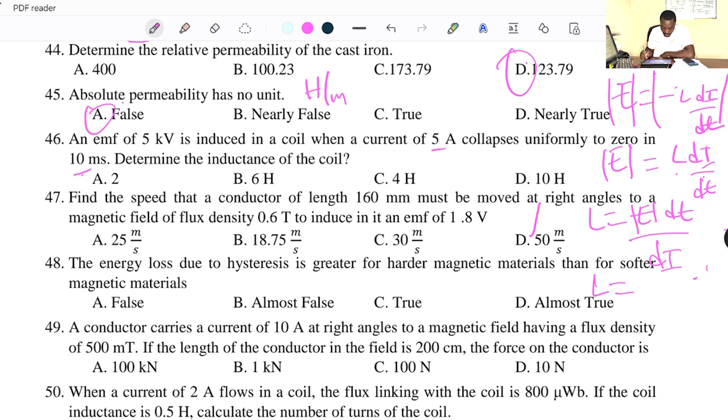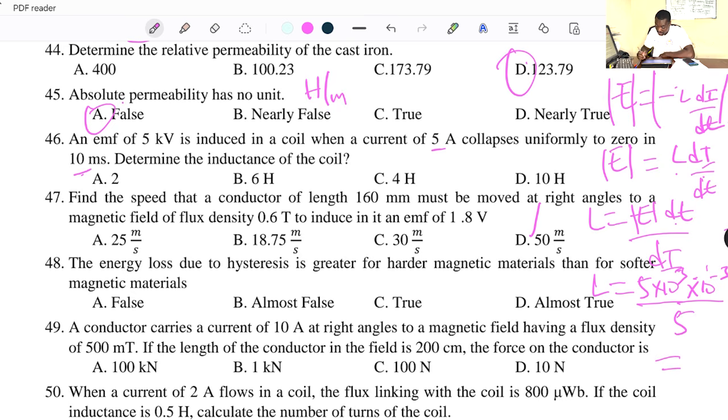Inductance will be equals to the magnitude of EMF, which is 5 kilo, times the time, right? 10 milli, times 10 to the power minus 3, all over the current, which is 5.